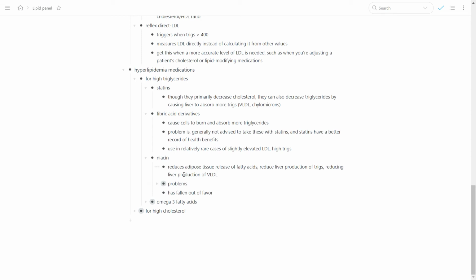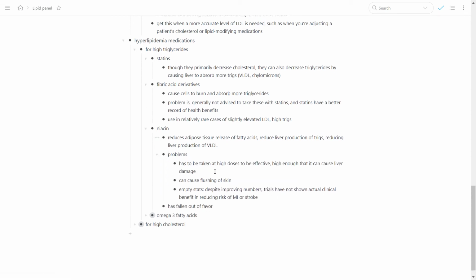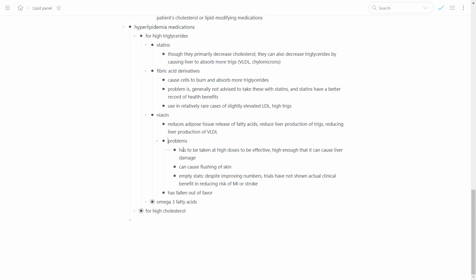But there's some problems with this. It sounds like it does a lot of good stuff, as you see up in here, but it has to be taken at high doses to be effective, high enough that they can cause liver damage. And it causes this uncomfortable, warm red flushing of the skin.